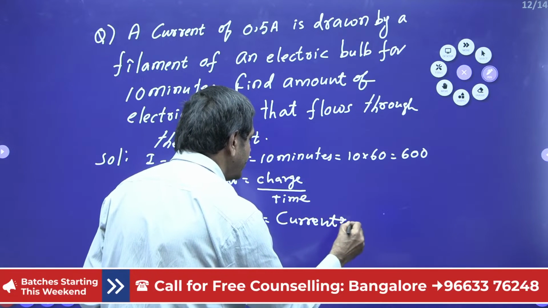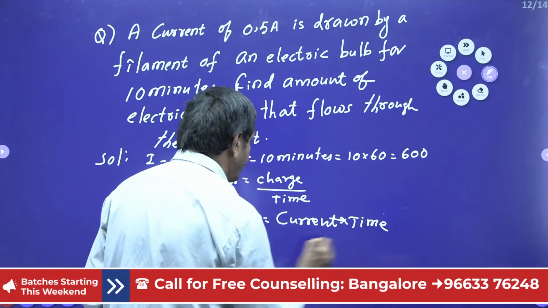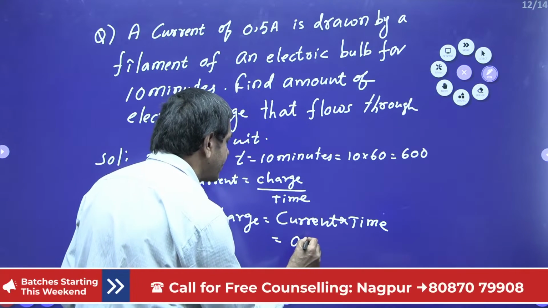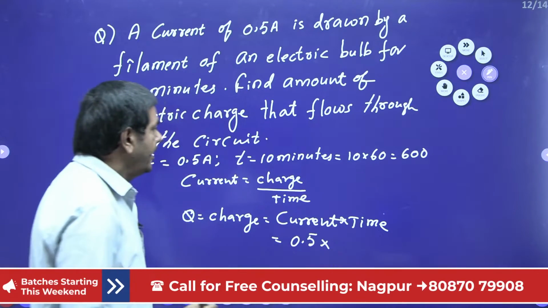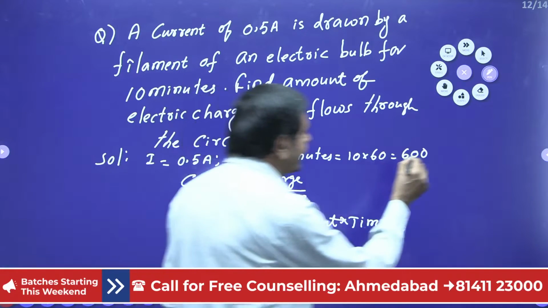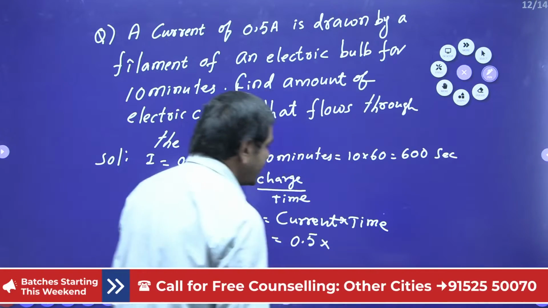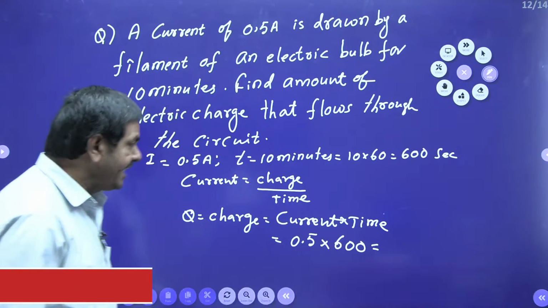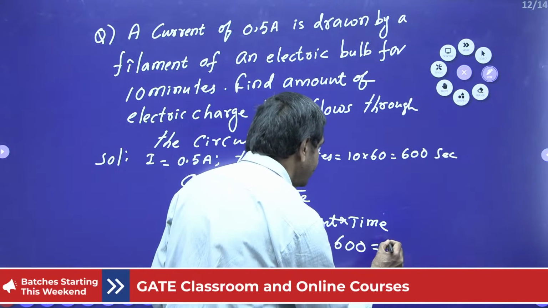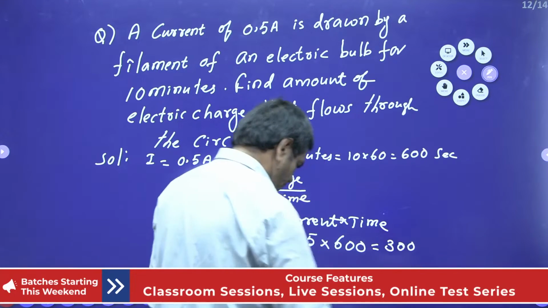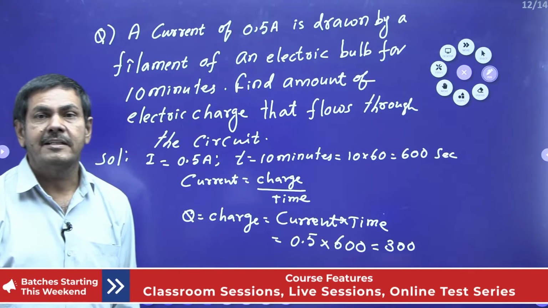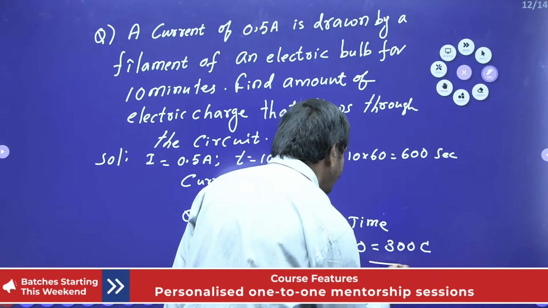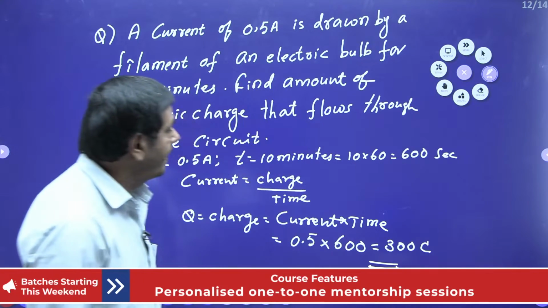We know what current is passing here, 0.5 amperes, not milliamperes, it is given in amperes. Time is 600 seconds. That's why I can put 600 here. Finally, its value becomes 300. 0.5 into 600 is 300. What are the units of charge, I gave already? Coulombs. That's why I can put C, coulombs. That way we can determine the charge for the given problem.